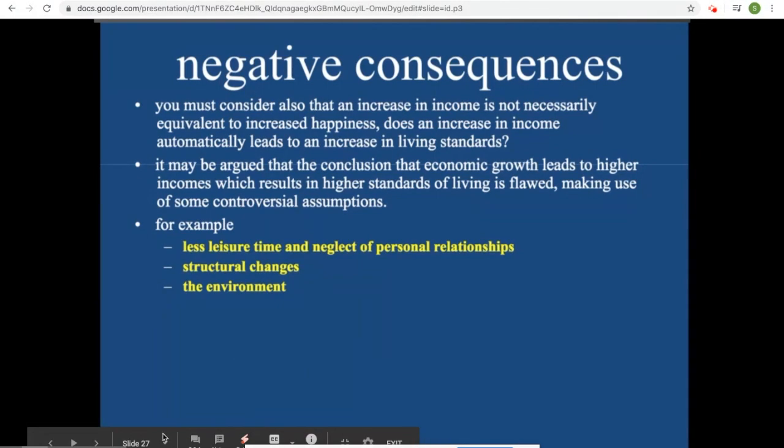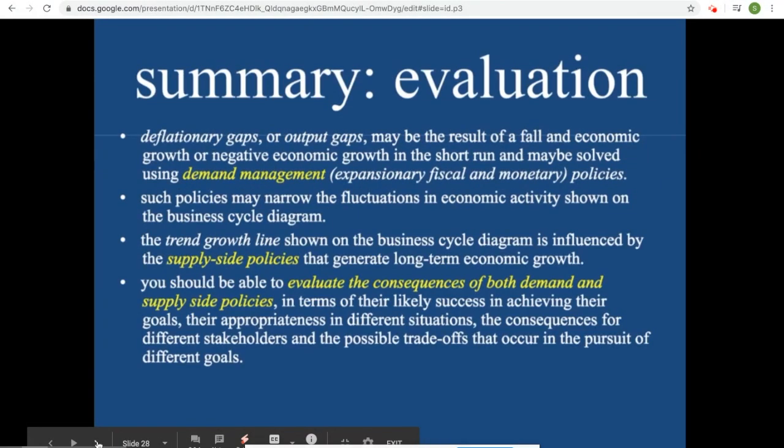economic growth, and these positives and these negatives and these consequences are always very good evaluation. So what kind of points can you use for your evaluation is that deflationary gaps or output gaps may be the result of a fall in economic growth or negative economic growth in the short run, and may be solved using demand management, because this is what you'll have to evaluate, how can you actually solve this problem.